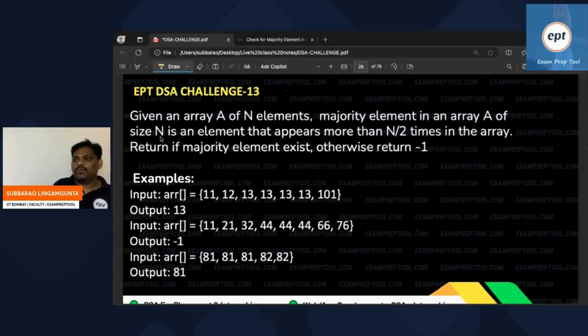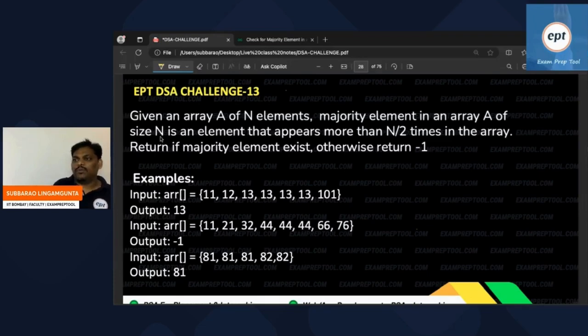Let us assume that 20 is the majority element, so its index is 1 and count is 1. It is compared with the next element. Are they same? No. If not same, they cancel each other, so the count became 0. Whenever the count becomes 0, start the process again from the next element. Assume 30 is the majority element: index is 2, count is 1, because 30 came one time.